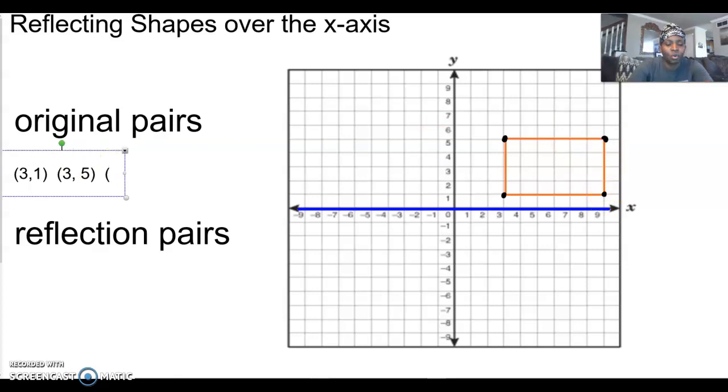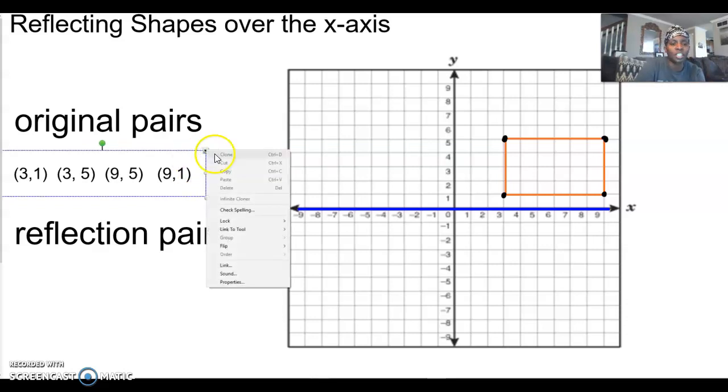So my third ordered pair is 9 for my x and 5 for my y. And then our last vertex is located at 9 for my x and 1 for my y.